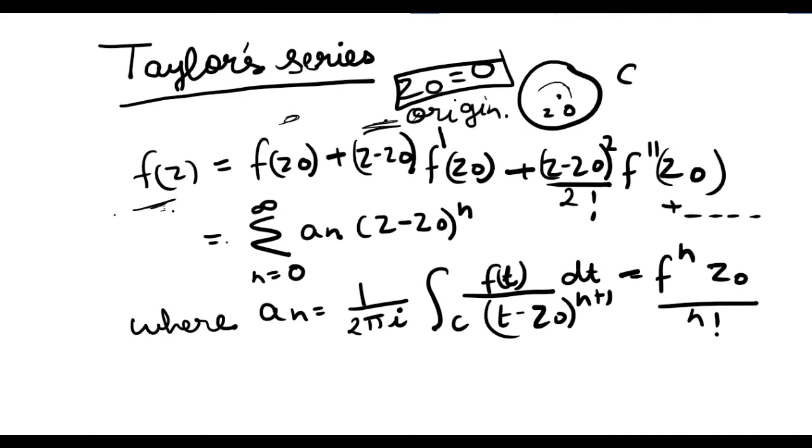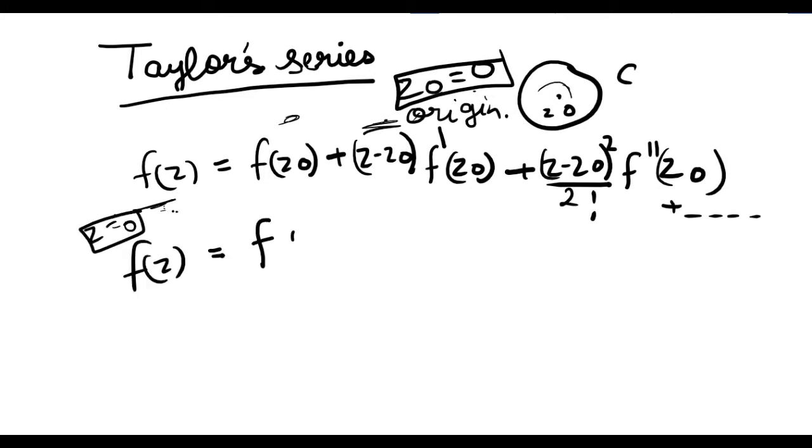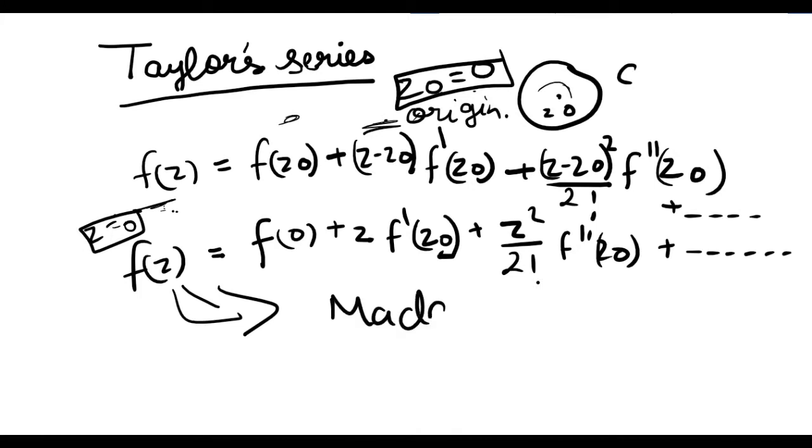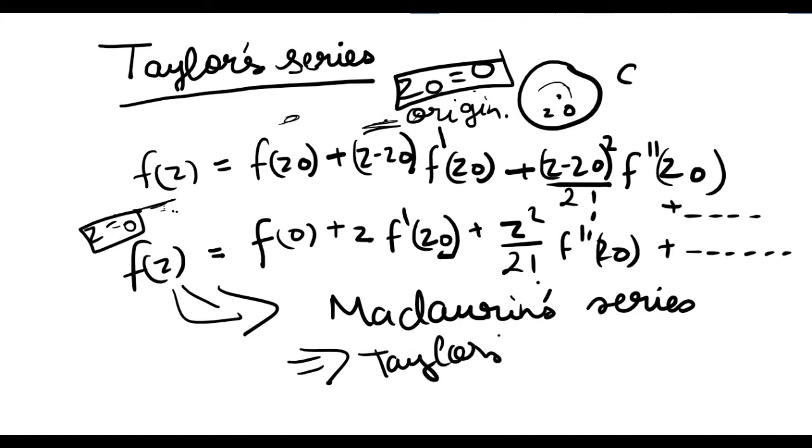So let's place z naught equal to 0 here: f(0) plus z f dash (0) plus z squared upon 2 factorial f double dash (0) plus, and now this series is known as Maclaurin series. Thus you can see this Maclaurin series is nothing but Taylor series with z naught is equal to 0.